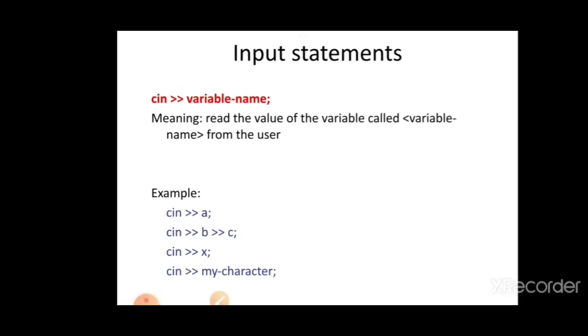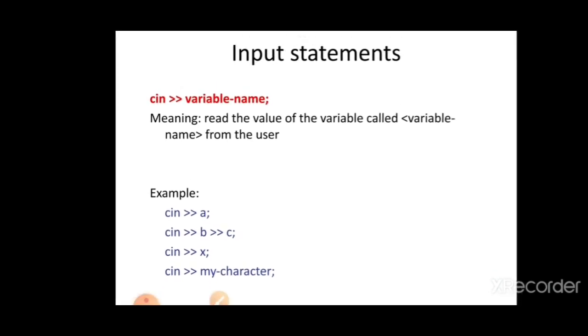Example, cin a, you want to enter the variable value. We declared int a, b, c. Cin b, cin x, cin my character. The insertion and extraction operators are the less than and greater than symbols in input output statements.